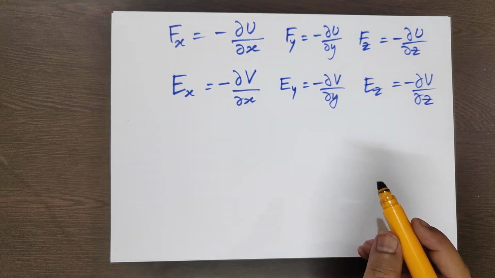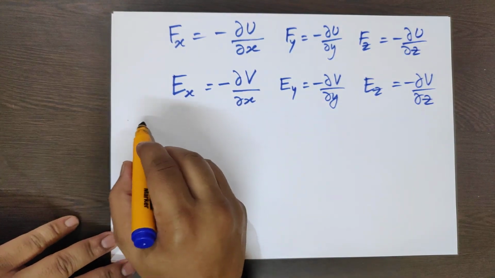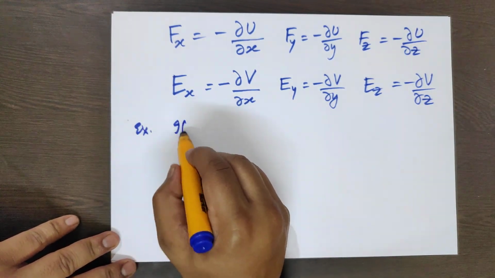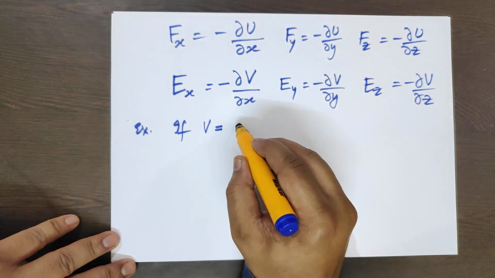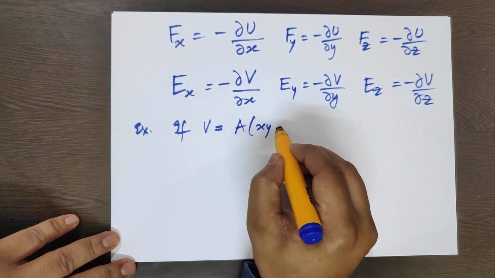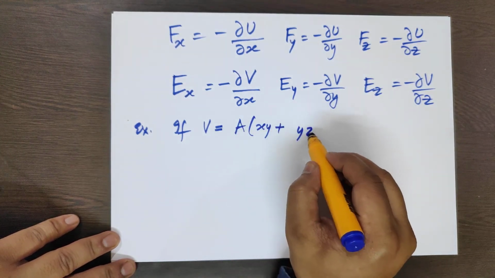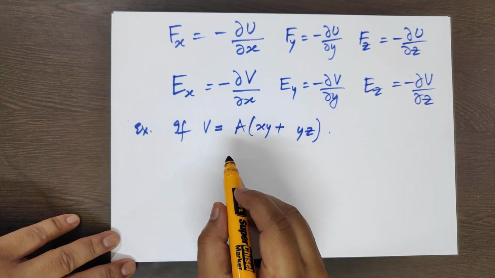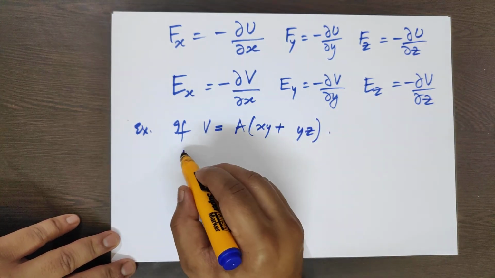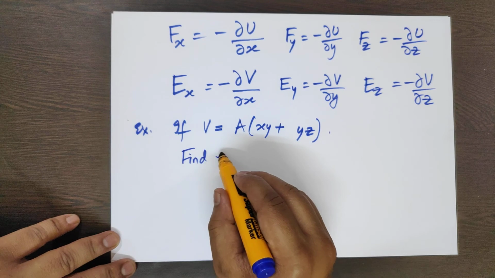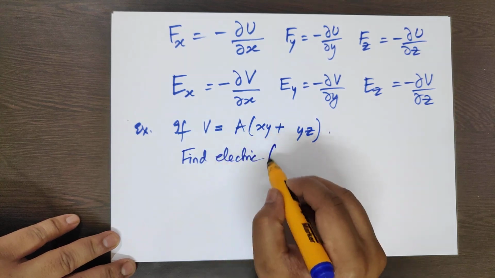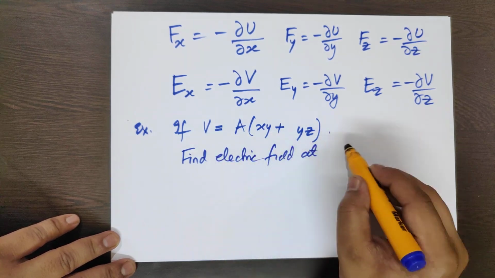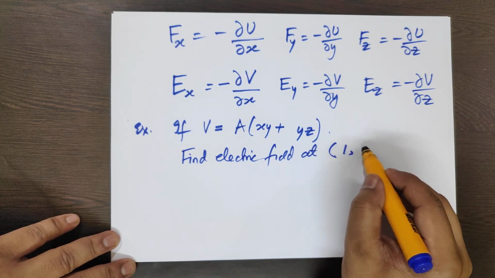Say we take a function. Suppose, for example, V equals a times (xy plus yz), right? Now find the electric field at the point 1, 1, 1.